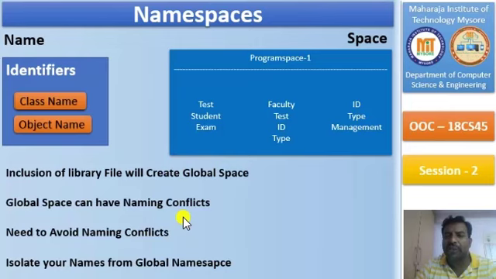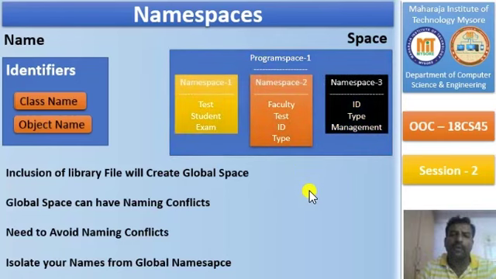I am going to keep this as a global space itself, because I cannot modify anything over here, but I should be able to create a local namespace over here. So this is what exactly I was talking about. We are going to have its own space for the global declarations, its own space for my own declarations, and its own space for some other global declarations.